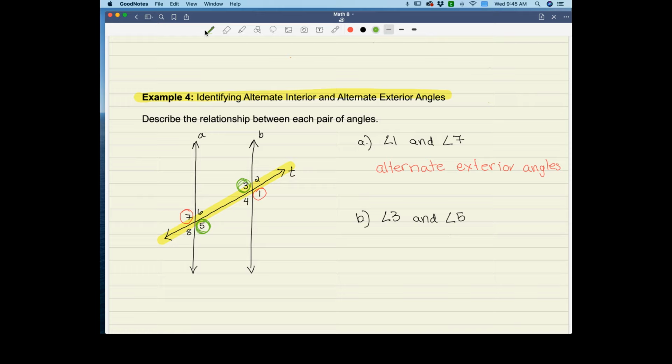And they are on the opposite sides. So we're going to go ahead and call that the alternate, because they are on alternating sides of the transversal. Are they on the inside or the outside? They are on the inside, so that's interior. So these are alternate interior angles.